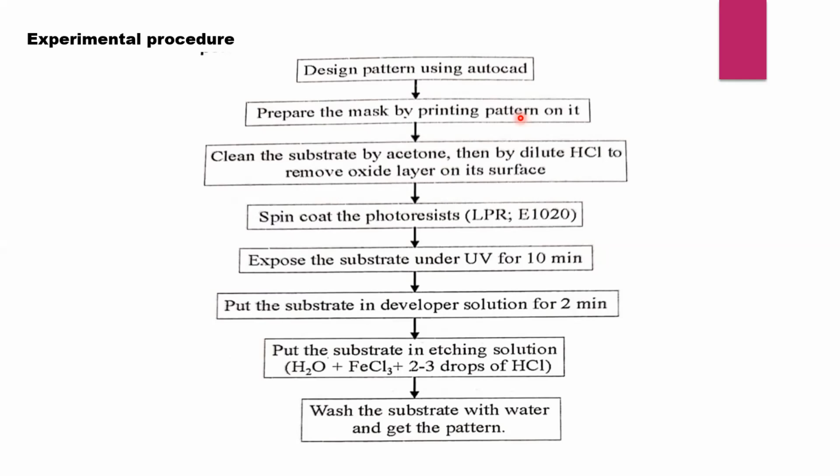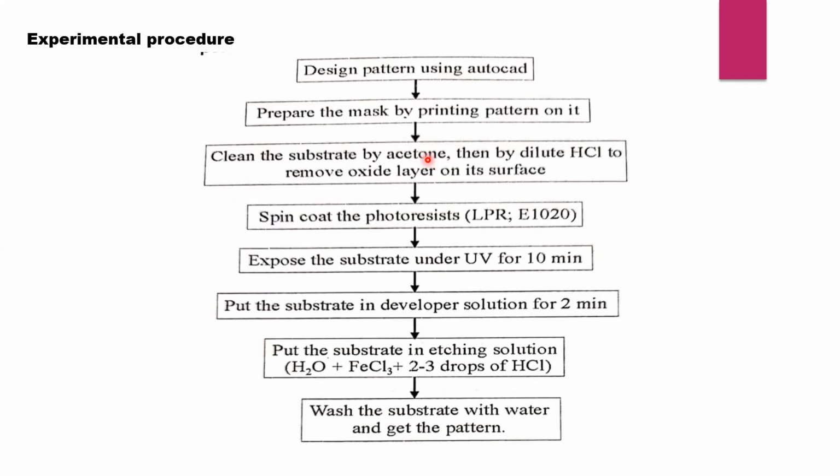So in order to remove the impurities and the oxide layer from the surface of the silicon substrate, we have to do two operations, students. First, we have to rinse the silicon substrate with acetone. When we rinse the silicon substrate with acetone, all the impurities accumulated on the surface of the silicon will be wiped out.